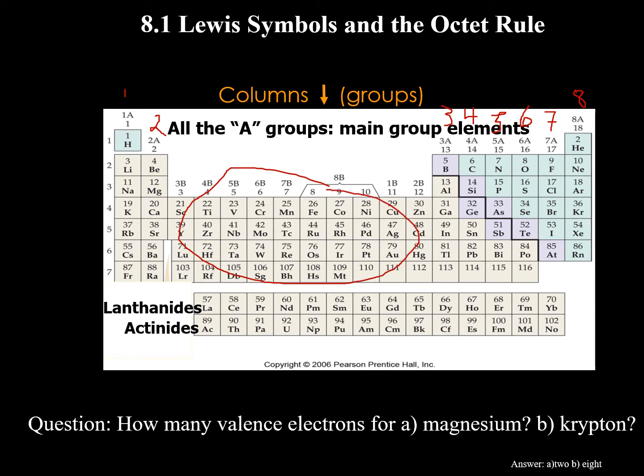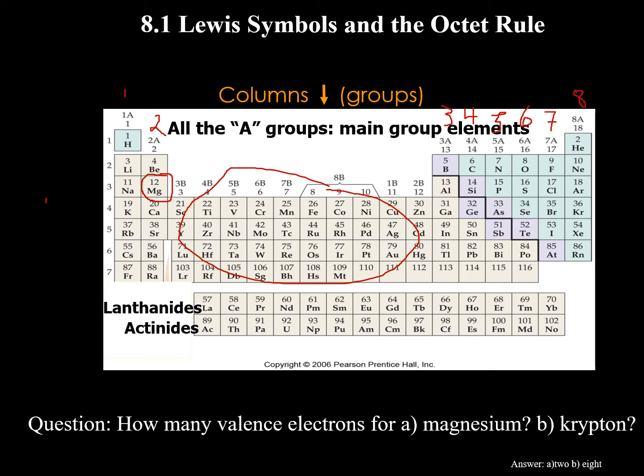So we will focus on the groups. The question here is how many valence electrons are in magnesium. We see magnesium here is in group 2, the alkaline earth metals. Therefore, it has 2 valence electrons. It has 12 total electrons, but again, there are only 2 on the outside that are involved in reactivity.